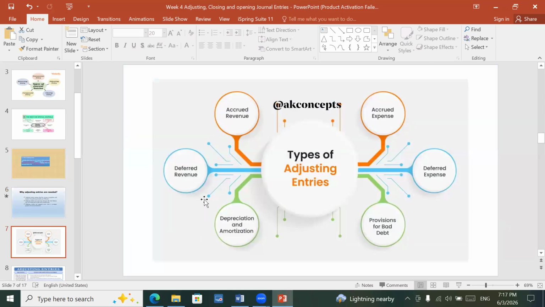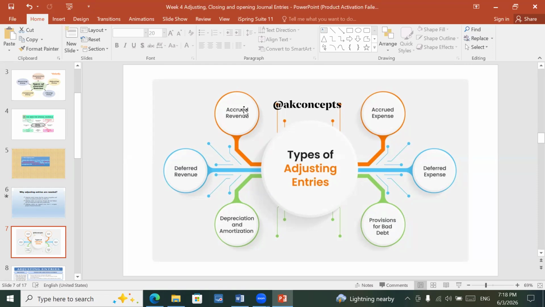Now I am going to another very important slide of adjusting entries. Types of adjusting entries. Adjusting entries are of two types: accrued and deferred. Accrued means cash payment or cash settlement will be in the future. And deferred means cash payment in advance, cash received in advance, cash paid in advance.